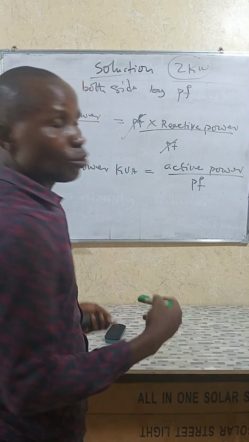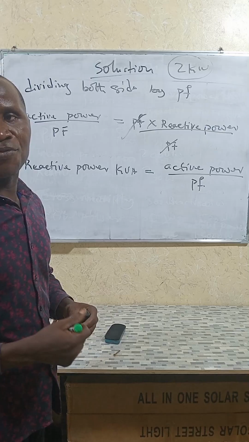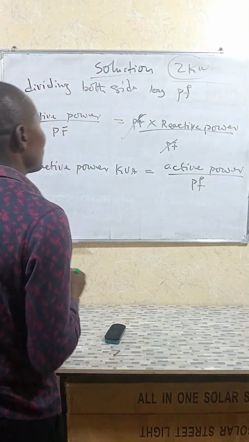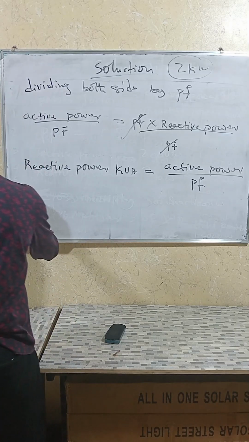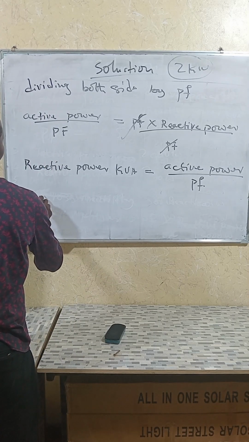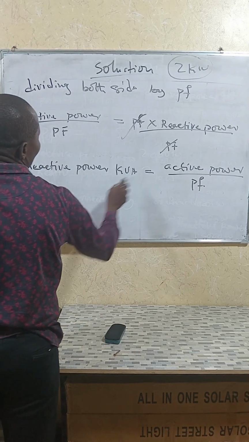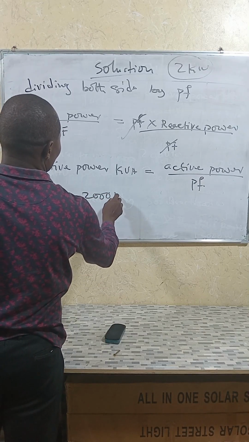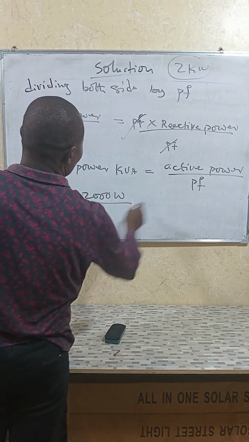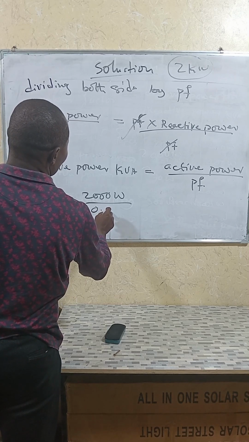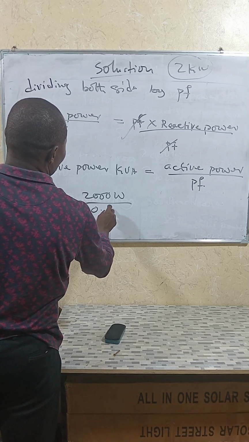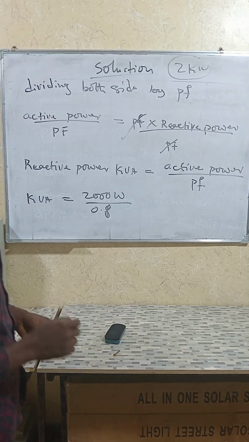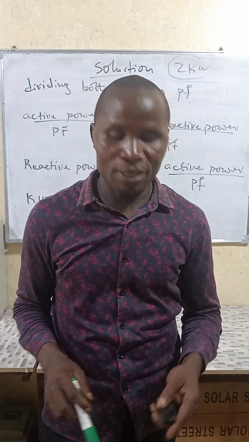At this point, you can put in the figures. So the reactive power, the kVA, is equal to our active power of 2000 watts all over 0.8 as our power factor. Do you see how we narrow it down?